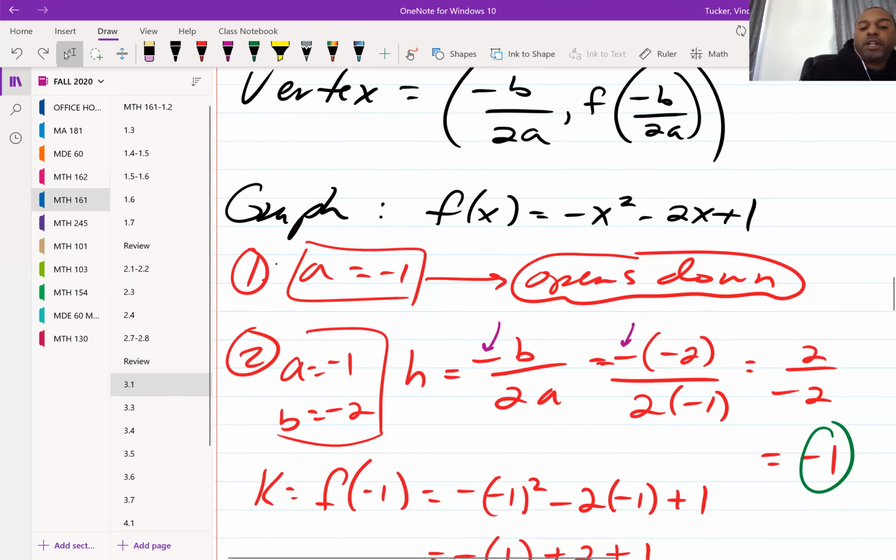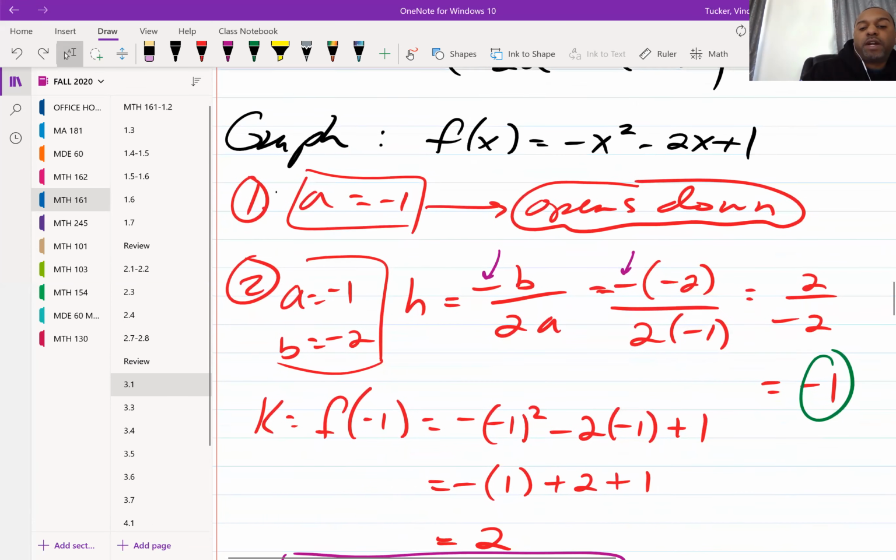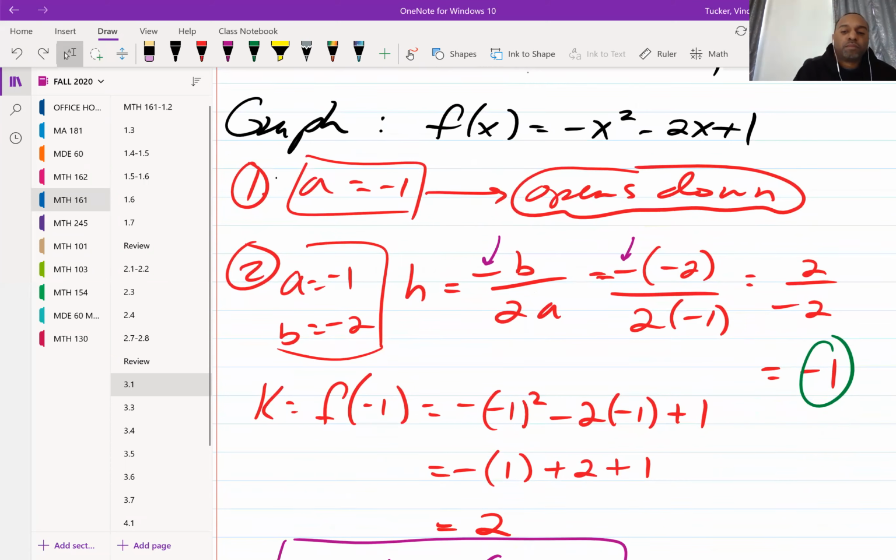All right, now take negative 1, plug it into your function to find k. So remember our function is negative x squared minus 2x plus 1. Take that negative 1, plug it into the function where you see x. So it's negative negative 1 squared minus 2 times negative 1 plus 1.